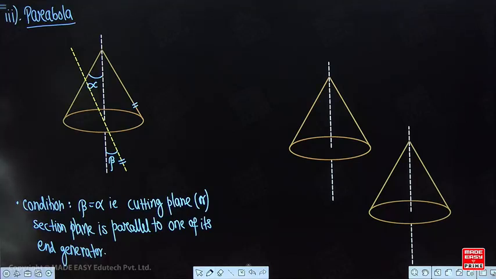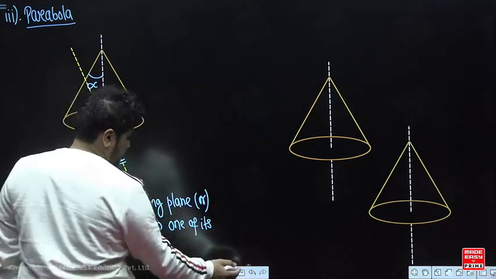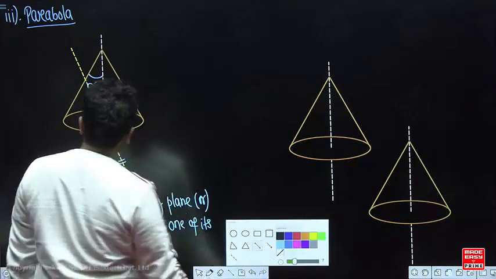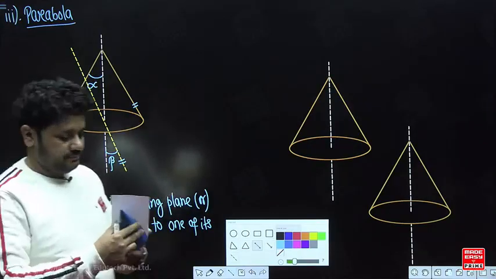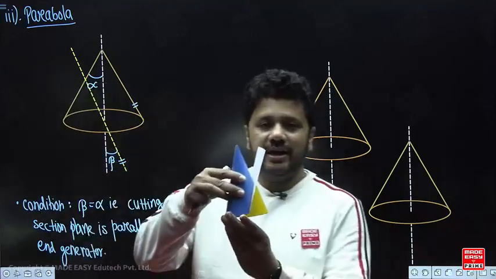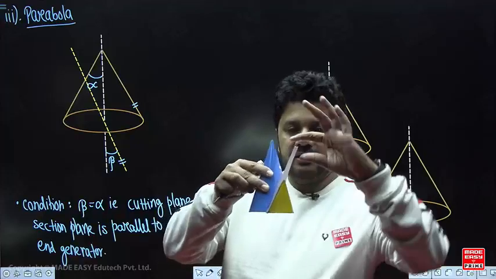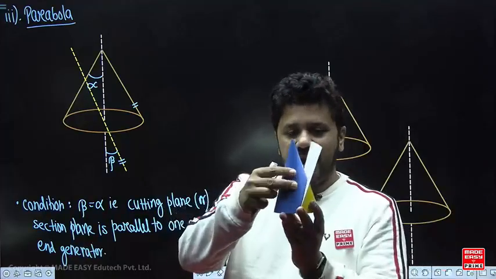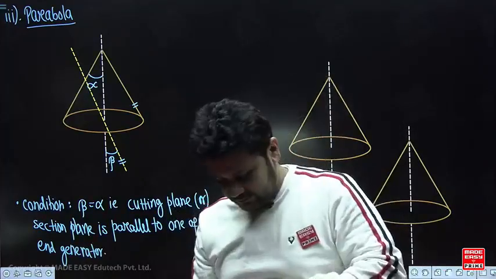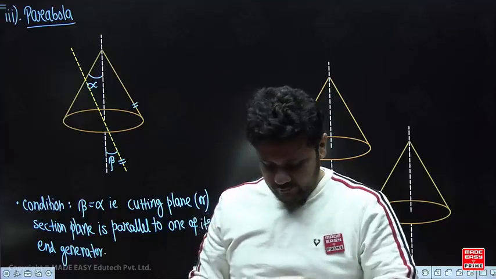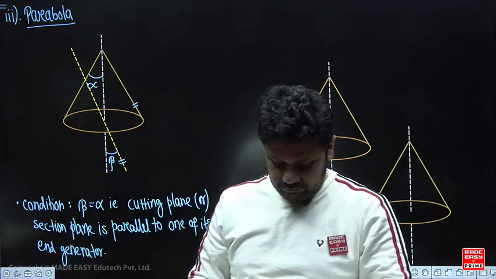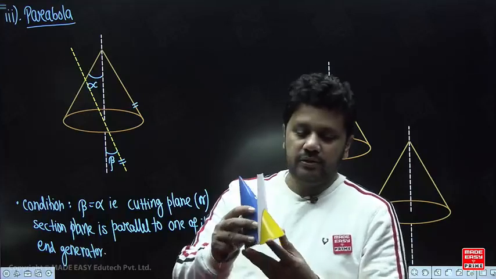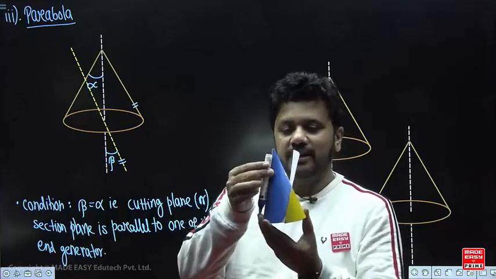Clear? Okay. So that means the situation is similar to this. See here, you can see that this cutting plane or section plane is parallel to the generator.